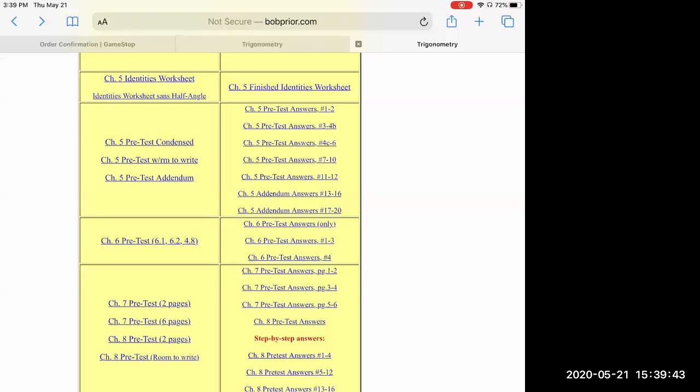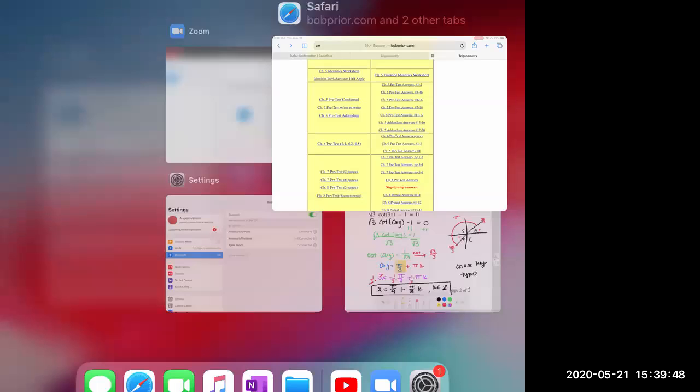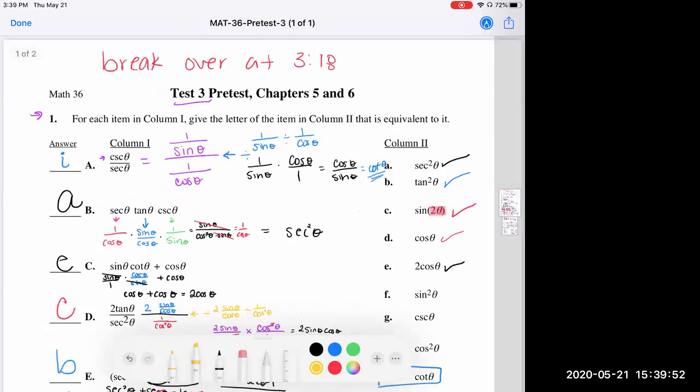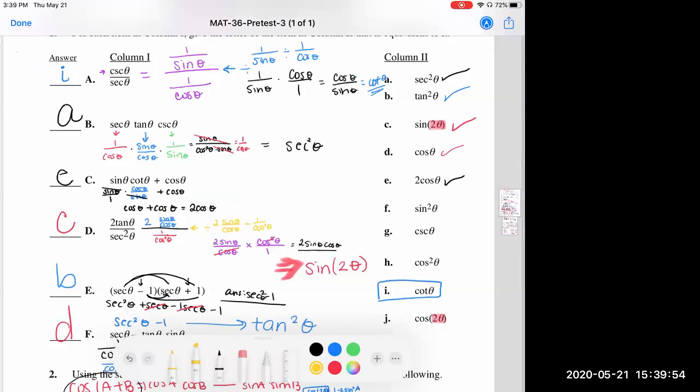I want to talk a bit more about your tests. So we did the review and I'm almost done. I'll stop talking soon, I promise. I want to tell you what it's going to look like. Your first question is going to look like this first part here, that matching one.